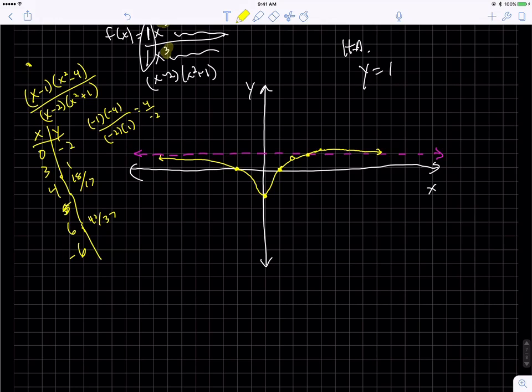So the negative 6, I'm going to go negative 7. 36 minus 4 is 32. Negative 8 times, I put a negative 6, 36, 37. So this reduces to a 4. So we'll get negative 28 over negative 37. That's less than 1. That's 28 over 37. It's close to 1, but less. So that's how that graph looks.